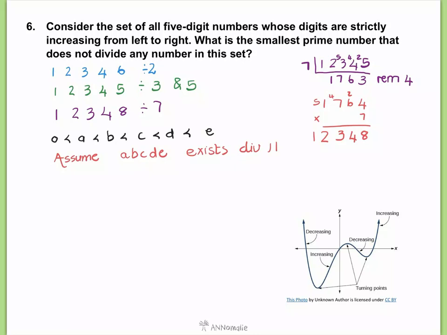That then means, if we use the rule of divisibility by 11, that the sum of the alternate digits A plus C plus E, minus B plus D, the other digits, must be a multiple of 11. That's according to the divisibility rules.